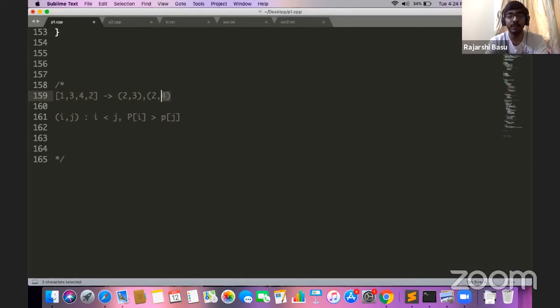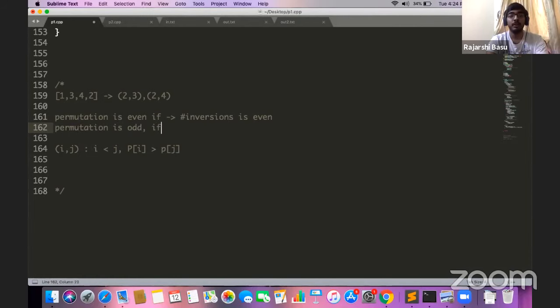So we have two inversions, right? So I say that a permutation is even if the number of inversions is even, and a permutation is odd if the number of inversions is odd. Okay.